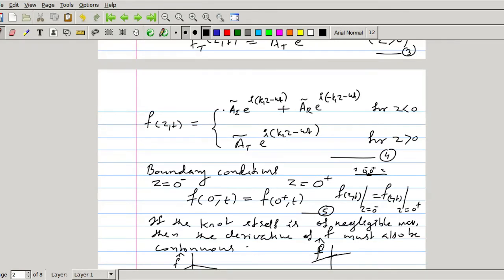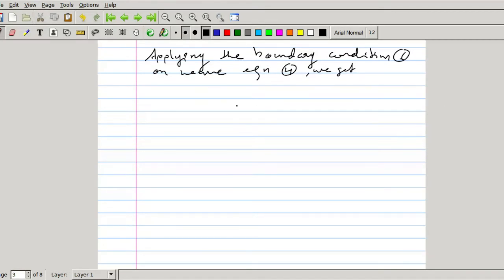So we have I k1 A incident e raised to minus I omega t plus minus I k1 A reflected e raised to minus I omega t is equal to I k2 A transmitted e raised to minus I omega t. E raised to minus I omega t will get cancelled.